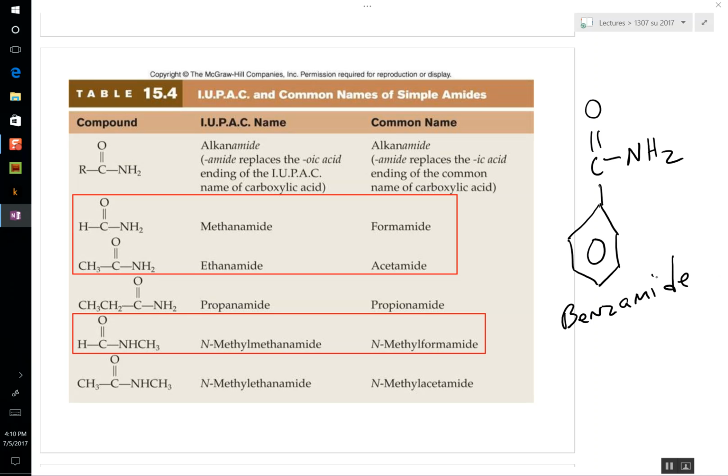It would be benzene, but it's benzene with an amide functional group on it. So it's benzamide. So those are the only 3. What's the other name for benzamide? That would be the common and the IUPAC name for it, benzamide.